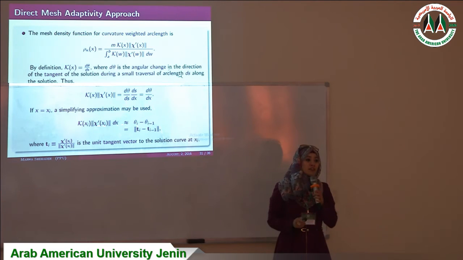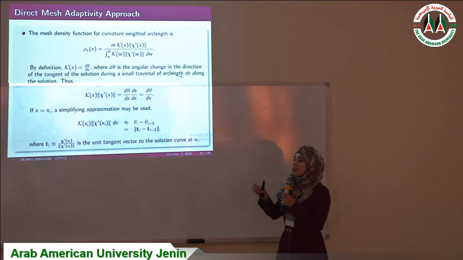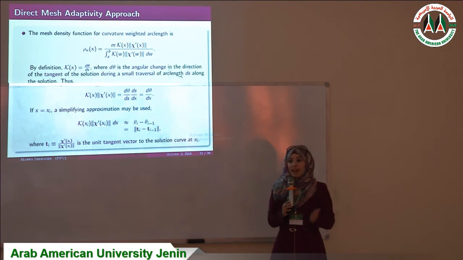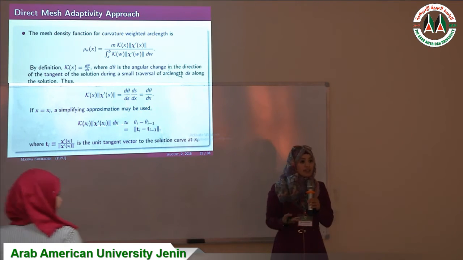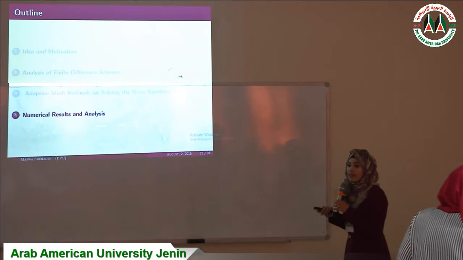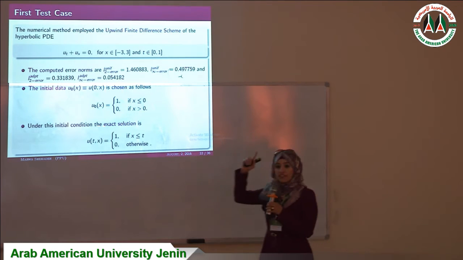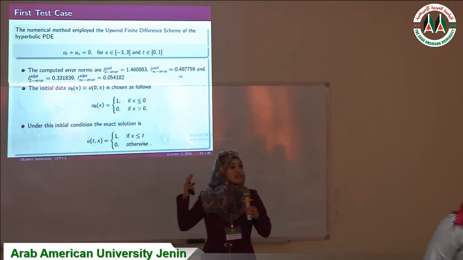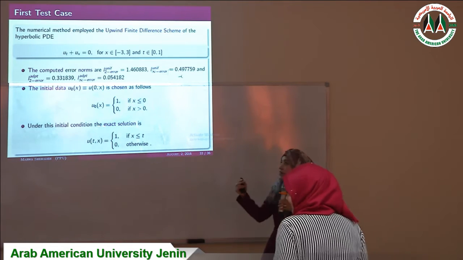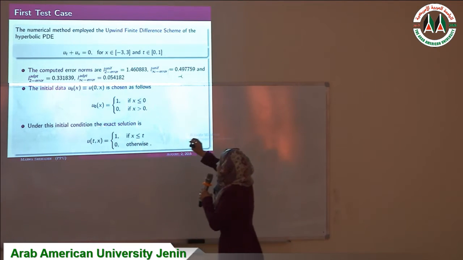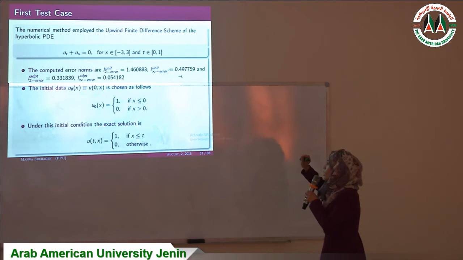The final section is the practical things I got from this work, the numerical results and analysis. In the first case, I used a point scheme for the wave equation. I take the wave speed a equal to 1, for x between -3 and 3 and t between 0 and 1.